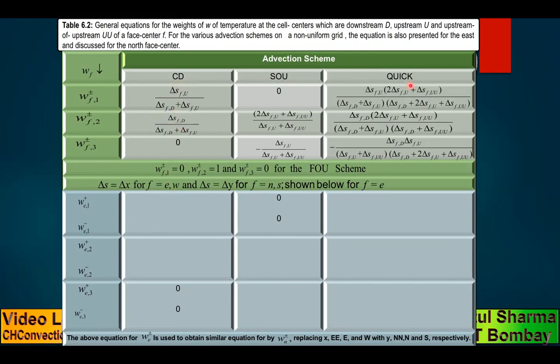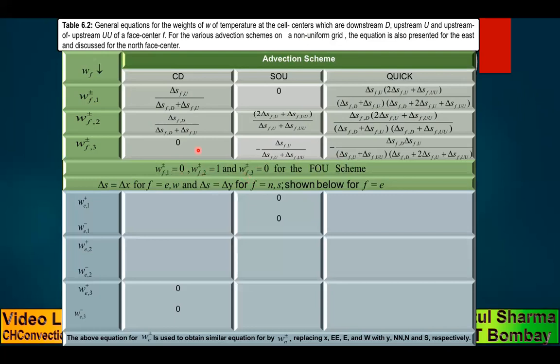The reason I'm not showing you the first order upwind scheme is that the weights for the first order upwind scheme are the same for uniform and non-uniform grid, because in this case you are giving 100% weight to the upstream neighbor. So your W2 is 1, and W1 and W3 are always 0.